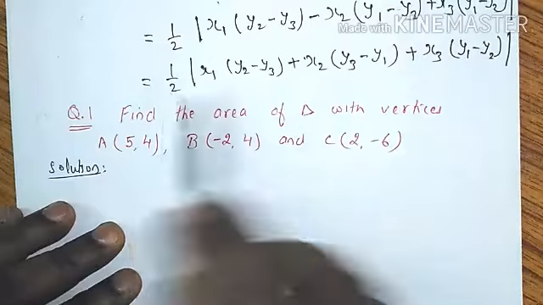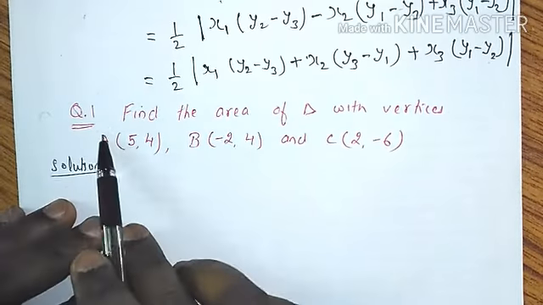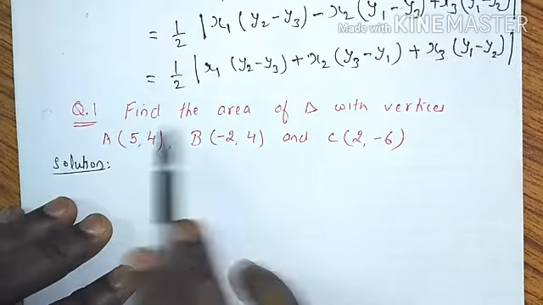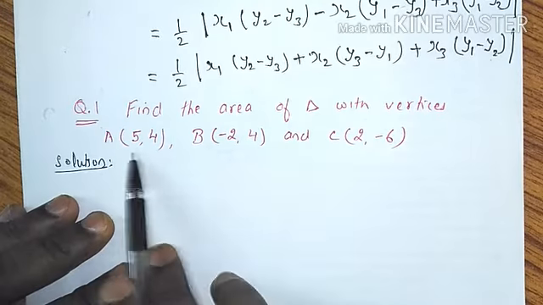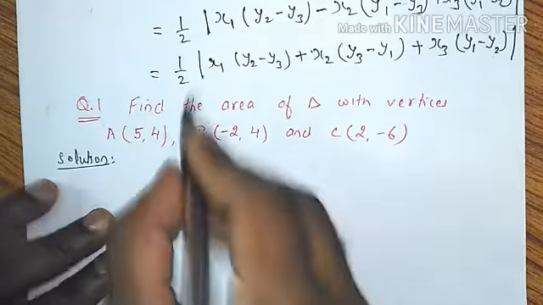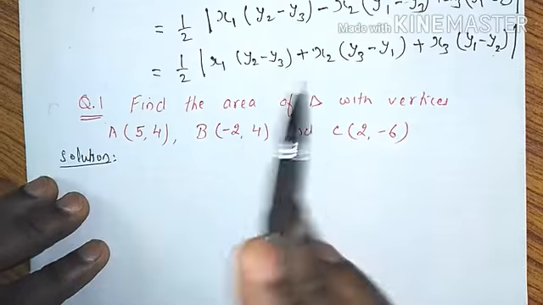Now I'll explain this formula by an example. Here we are required to find the area of the triangle whose vertices A, B, C are given as shown. As we noted, we can now use the determinant.